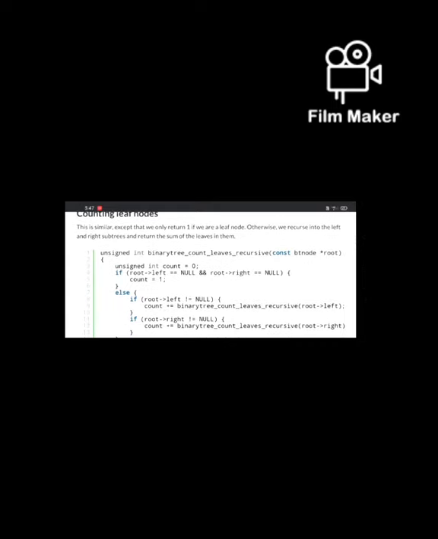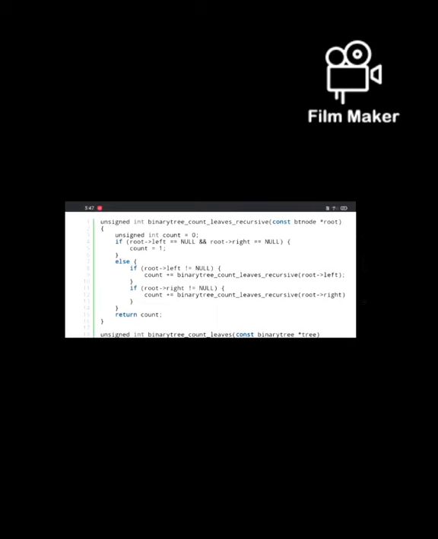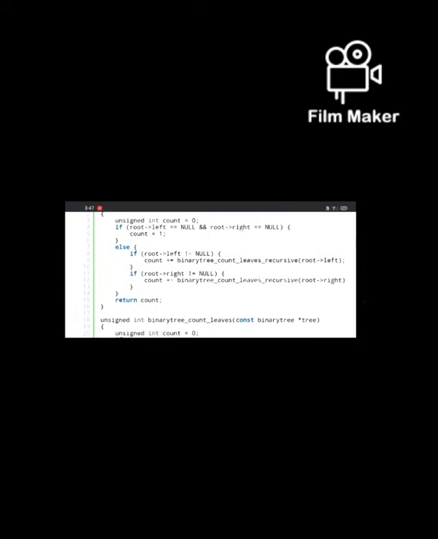How to count leaf nodes? Here the unsigned int count is 0. So if root left is equal to null and root right is equal to null, then it is called a leaf node. What is a leaf node?